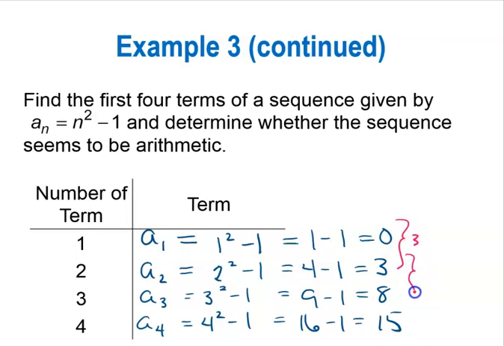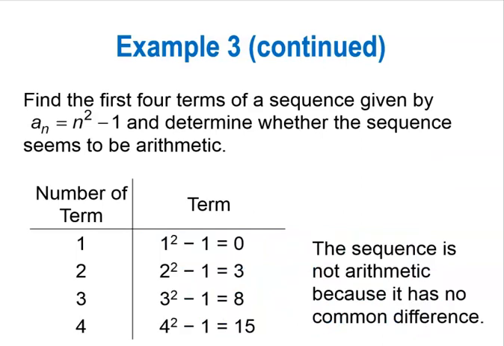The difference between 3 and 8 is 5. And the difference between 8 and 15 is 7. So is it arithmetic? No, it's not, because the difference between each successive term must be constant. It must be the same number every time.